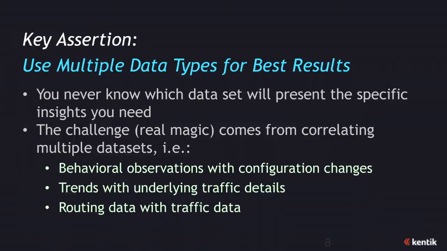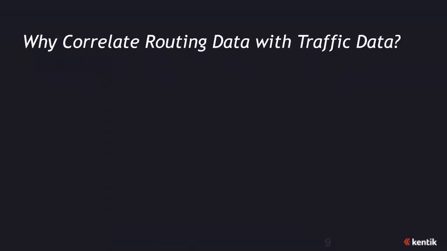And the last one, and the one we're going to dive into more here today, is bringing together routing data with traffic data. And this provides you some really powerful capabilities that we think are definitely worth some time detailing and explaining for you. Not everyone would think about doing this up front, trying to bring these data sets together.